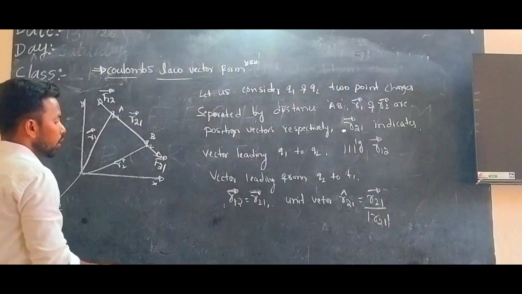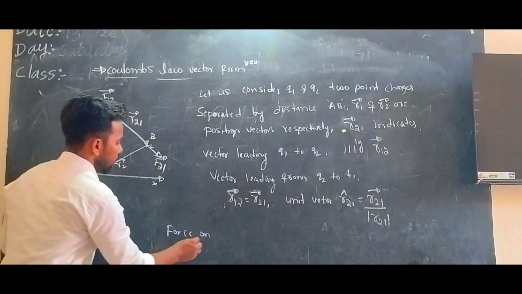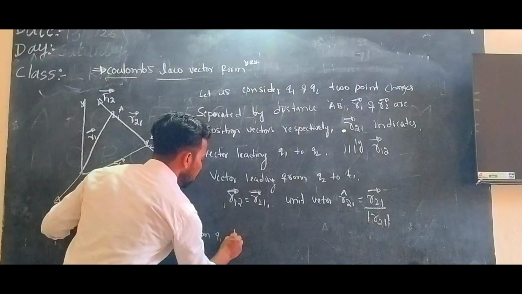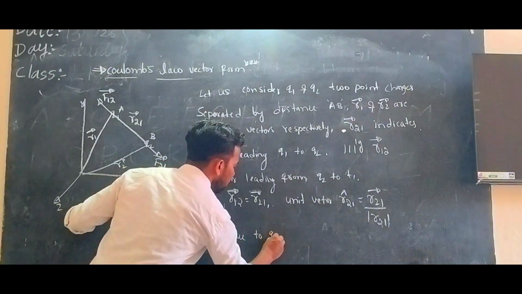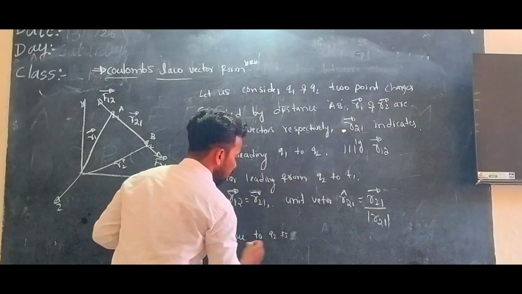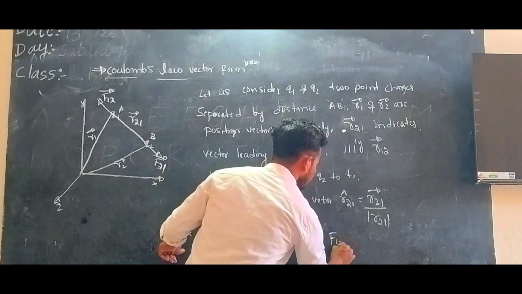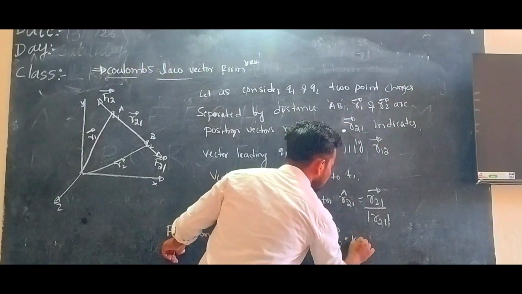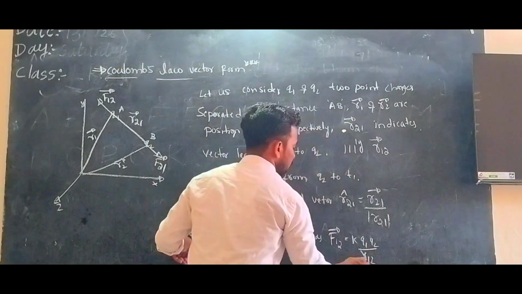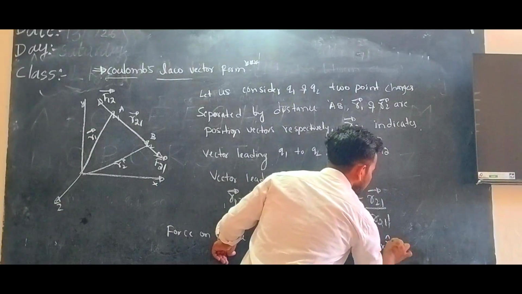Now, the force on Q1 due to Q2 is given as K into Q1 into Q2 divided by R12 square into R12 cap.